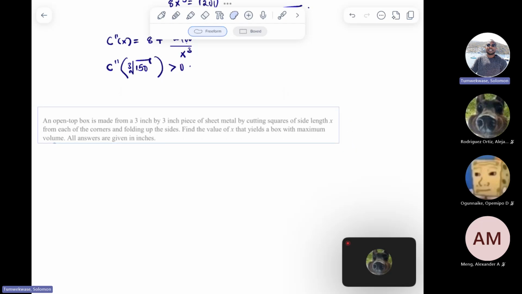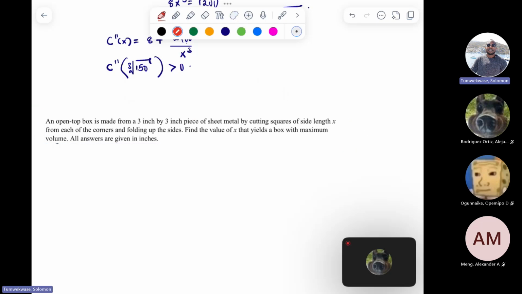Okay, so in question 10 we have an open top box made from a 3-inch by 3-inch sheet of paper.